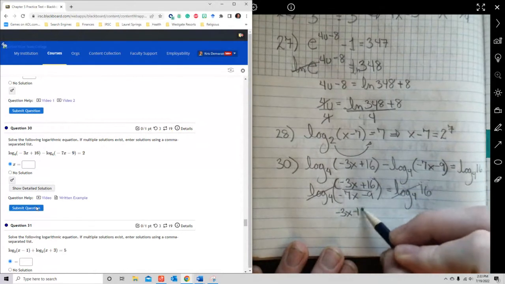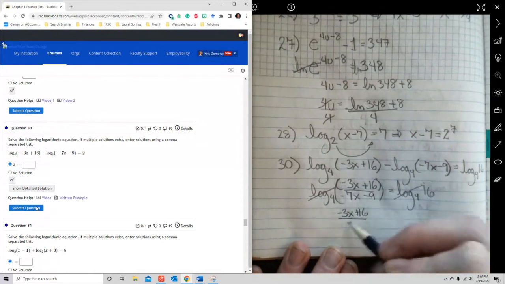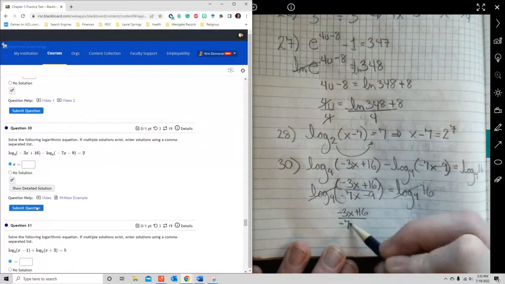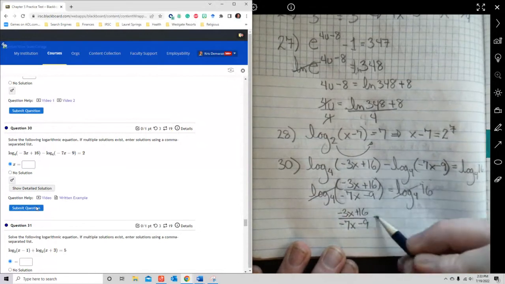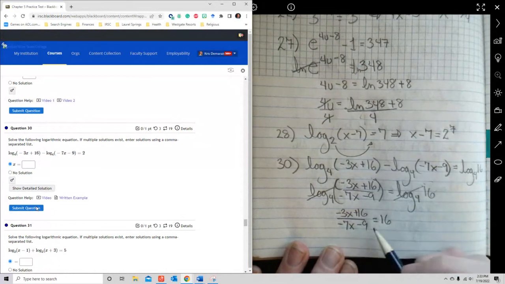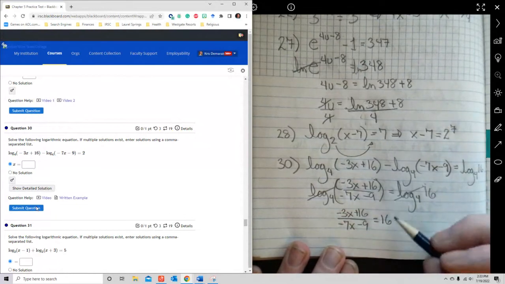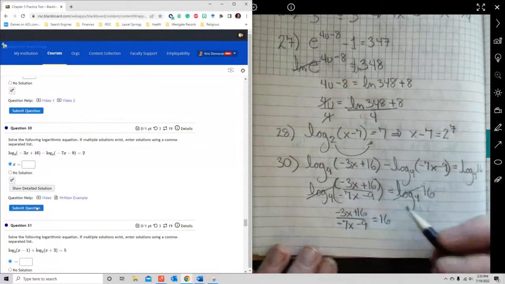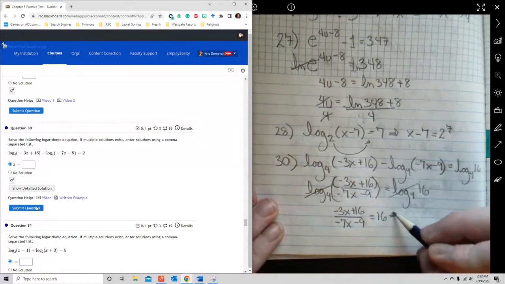3x minus 16, or excuse me, plus 16 over negative 7x minus 9 equals 16. Now we're going to go ahead and multiply both sides by this, and then solve it. I'm going to go ahead and do that over here.